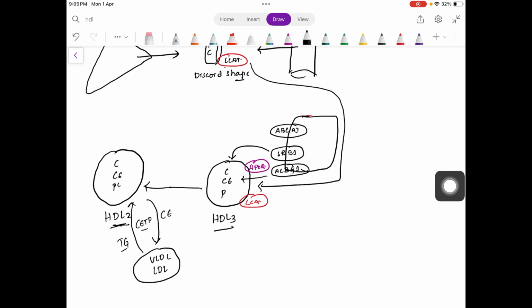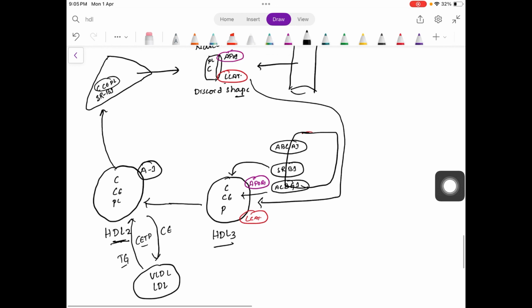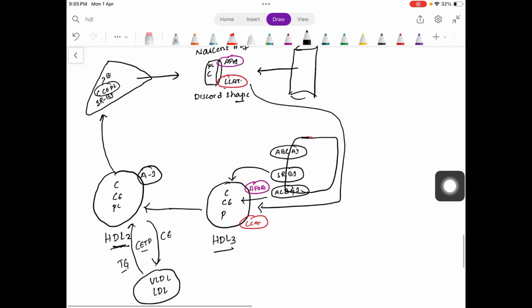Now these HDL2 molecules will go to liver. And in liver also we have SRB1 receptors, and they will have ApoA1. This ApoA1 will bind with this SRB1 receptor, and cholesterol ester and phospholipids will enter into the liver, and they are processed into bile, bile acids and bile salts, and they are excreted through the bile.